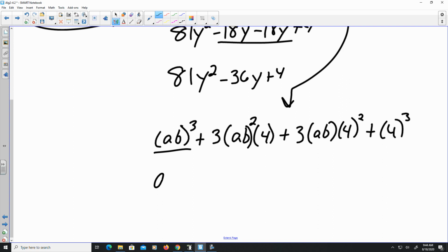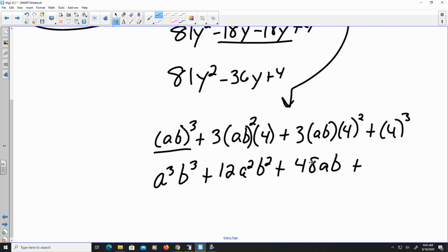So this is going to be a cubed b cubed plus, looking here, 4 times 3, so that's 12, and then a squared b squared, plus, over here, 4 squared, which is 16, 16 times 3, which is 48, so this will be 48ab, and then plus 4 cubed, which will be 64.